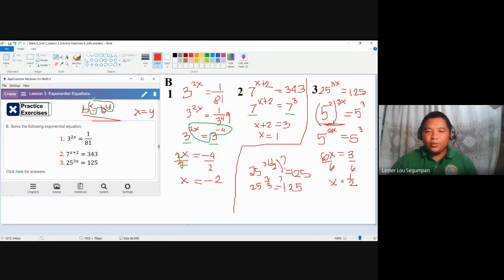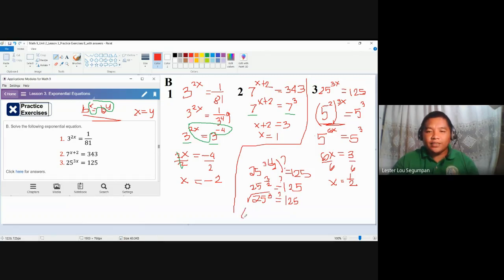Okay, so we could convert this into a radical expression form. We have here the square root of 25 cubed. Is it equal to 125? Since 25 cubed is very big, we could apply the other form of transformation of fractional exponents.